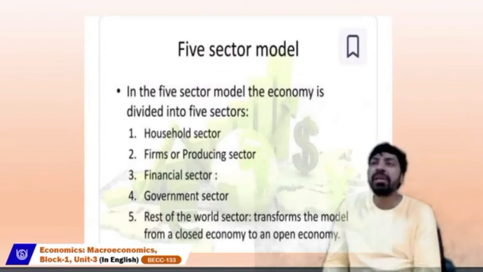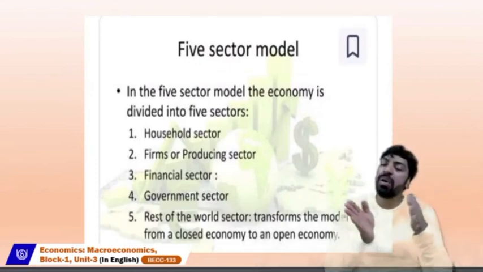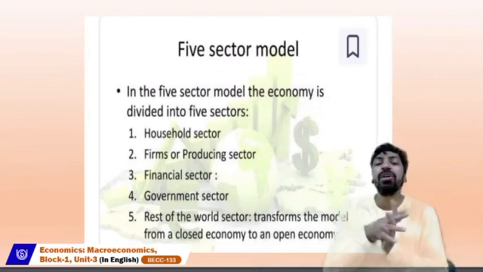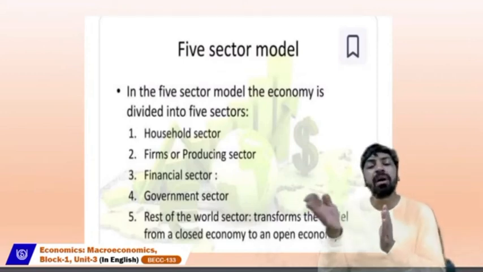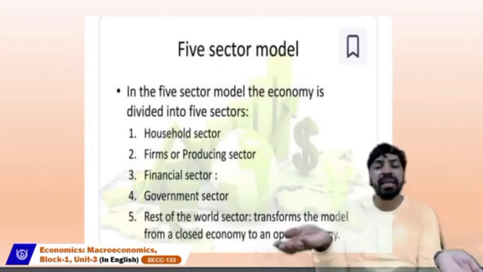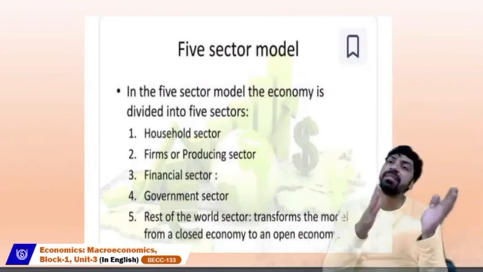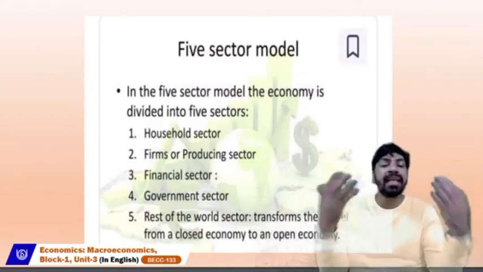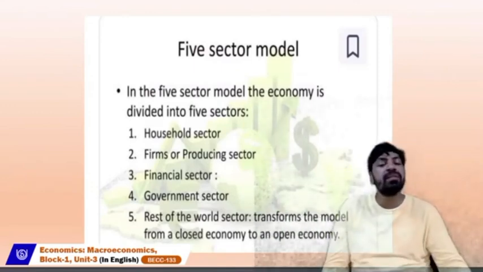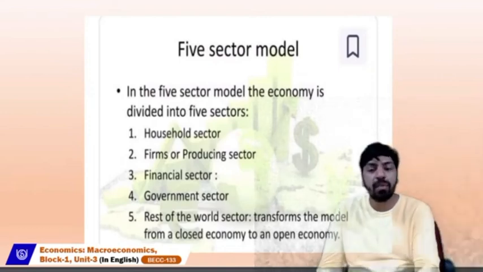Here we are talking about international transactions, where the model that was closed moves to the open economy, globally, to have international transactions, exports and imports with different countries, and that sector is called the rest of the world sector. So this is called the five sector model.